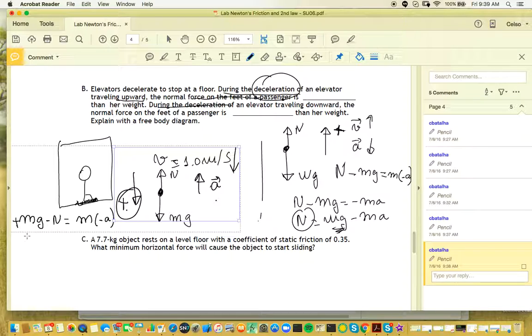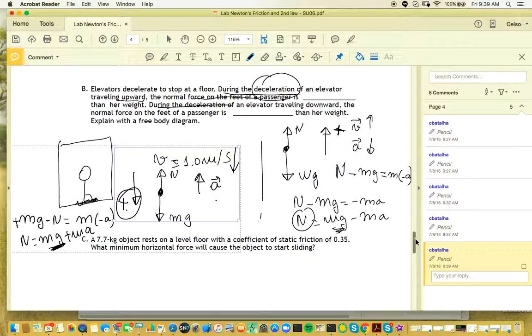So when you rearrange these equations, you have n is equal to mg plus ma, which means when the elevator is going down and comes to a stop, you feel pressed downward, which means your scale reads more than your weight. So if you had 700 newtons, the scale is going to give something more. And you have different situations like that.